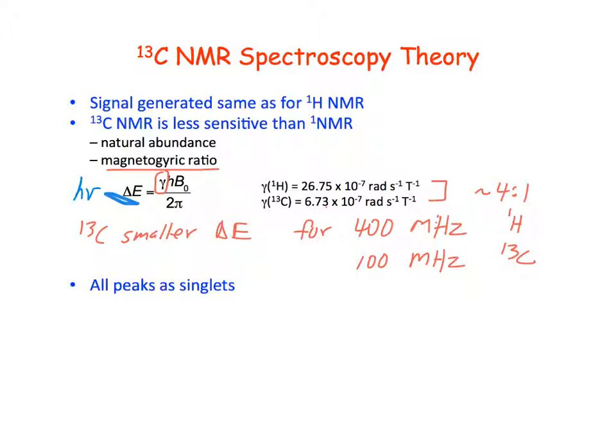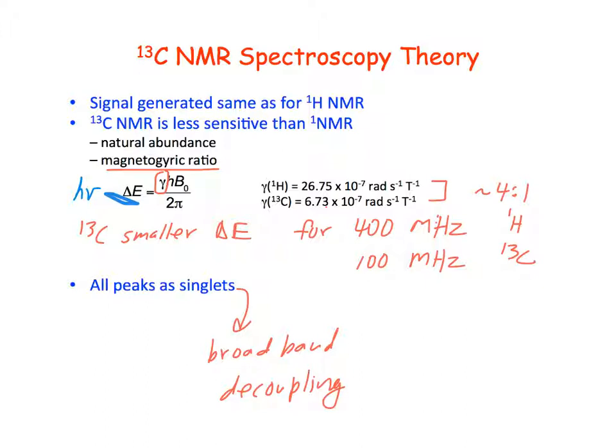Now, the reason that we have all of the peaks coming out as singlets is because we typically run these with what's called broadband decoupling. There are a number of approaches to doing this, but in general this is the same kind of decoupling experiment that we did selectively for protons.